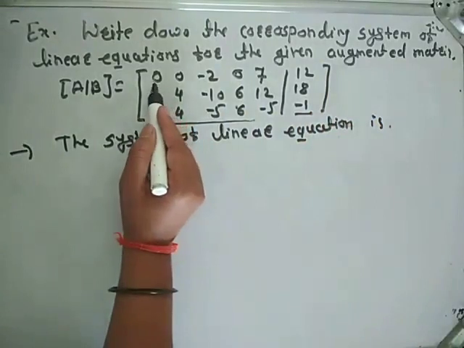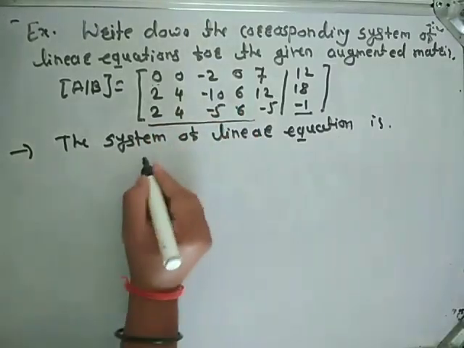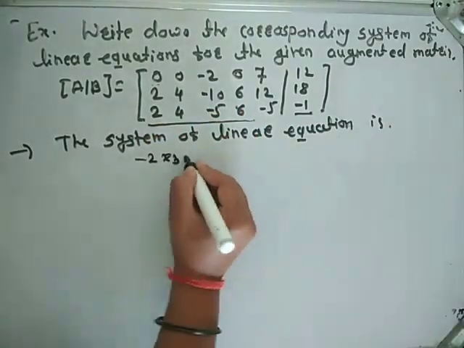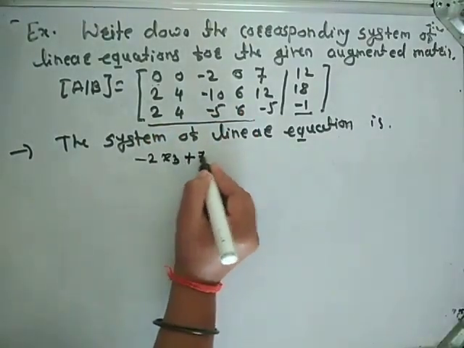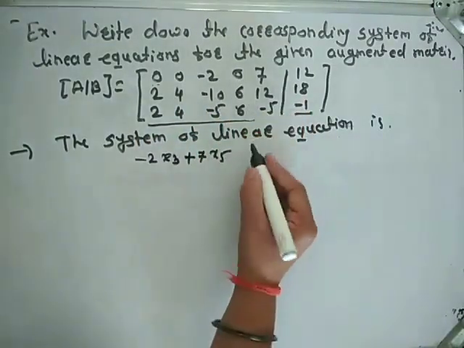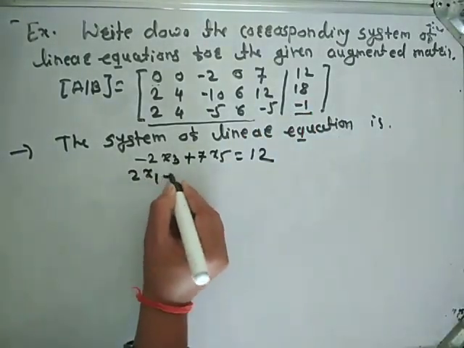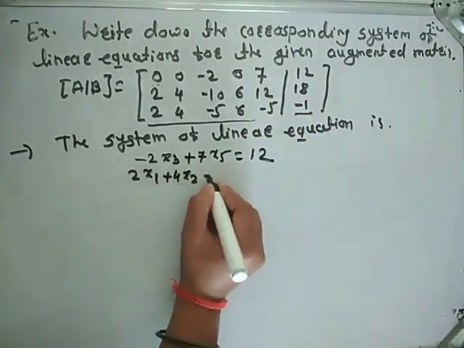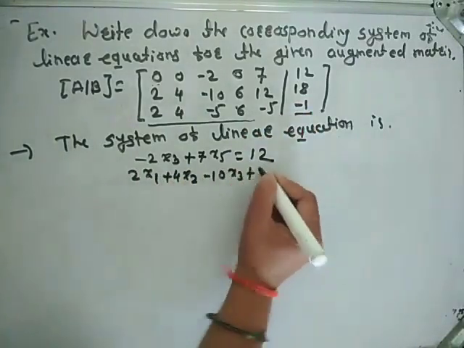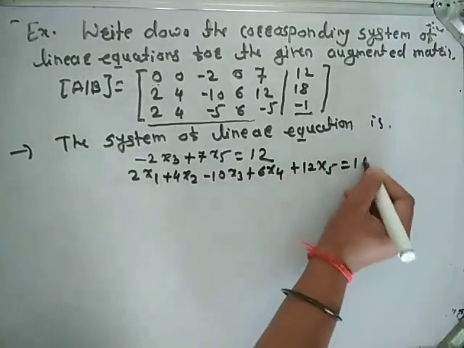Okay, in the first row, the coefficient of x1 is 0, the coefficient of x2 is 0, so this is only minus 2x3 plus 7x5, because the coefficient of x4 is 0, which is equal to 12. The second equation is 2x1 plus 4x2 minus 10x3 plus 6x4 plus 12x5 is equal to 8.